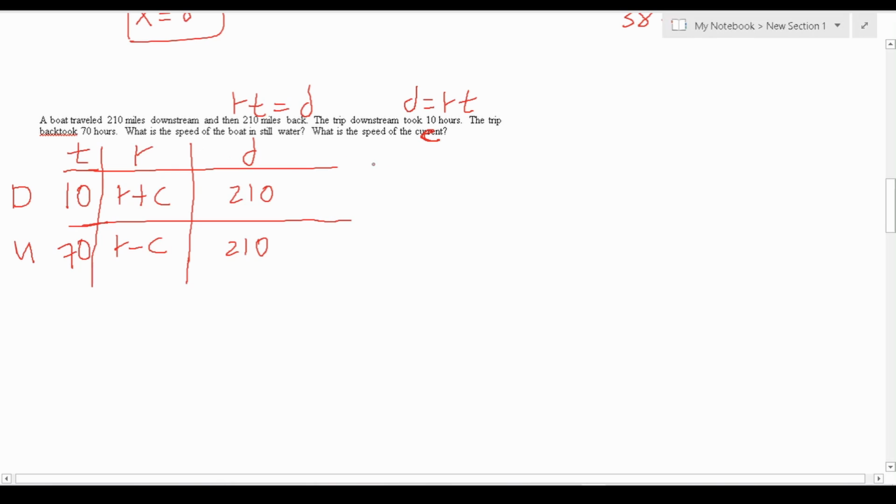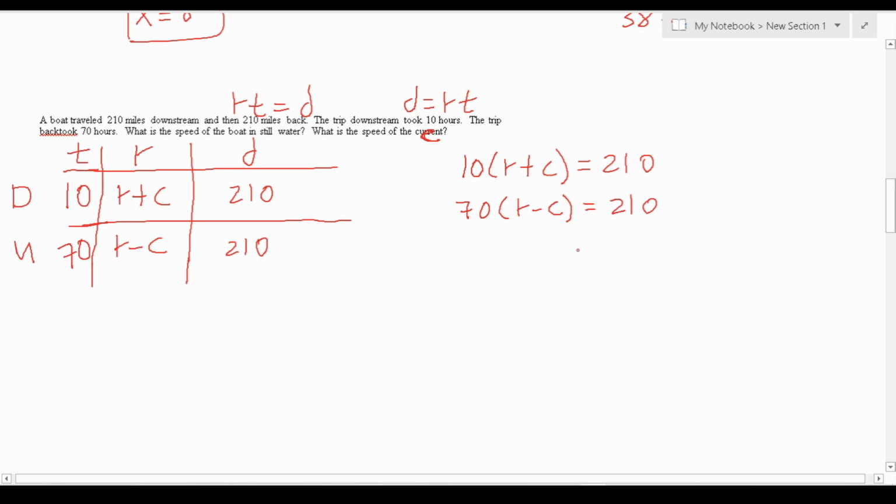We're just going to take these and multiply these together. We have 10 times r plus c equals 210. Again, this is just the distance formula. And then for this one, we have 70 times r minus c equals 210.